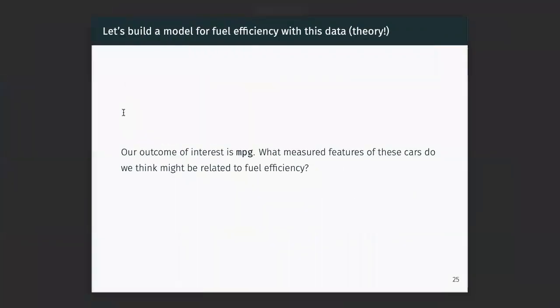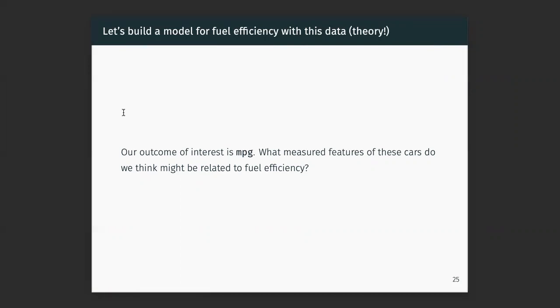Okay, so our outcome of interest is going to be miles per gallon. We want to build a model for fuel efficiency. So let's build a model. Our goal here is to say MPG is equal to some function of features of the car X. Don't know what those are.